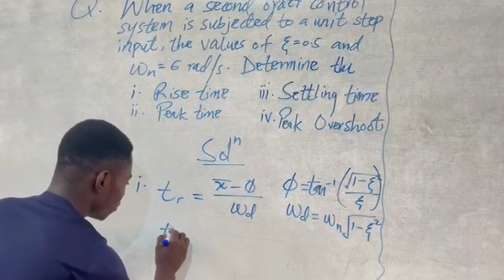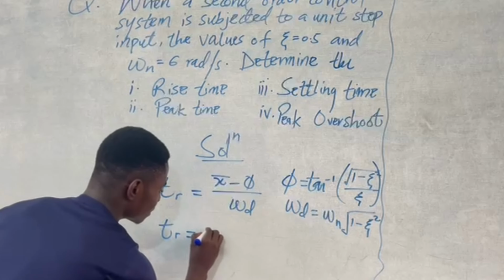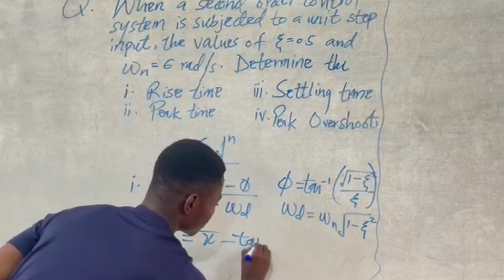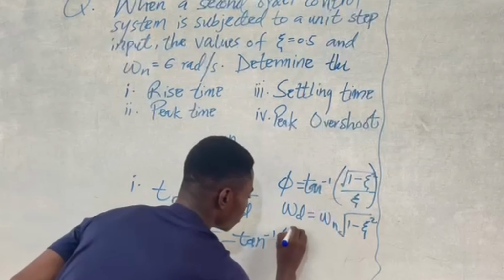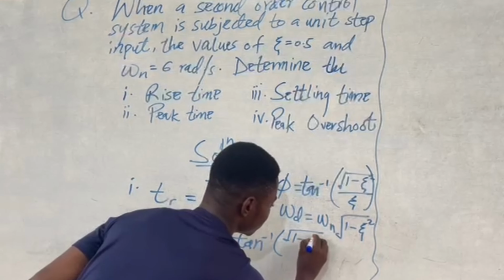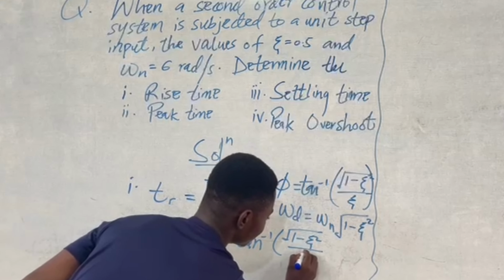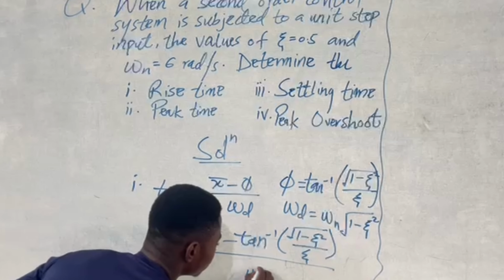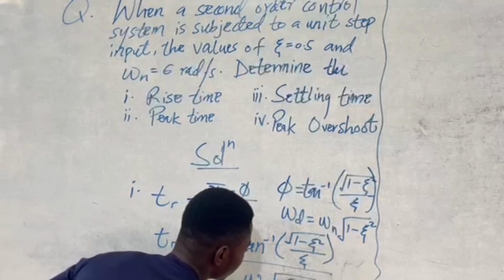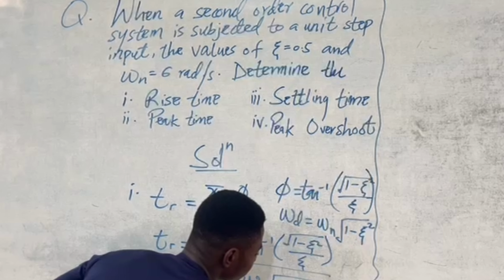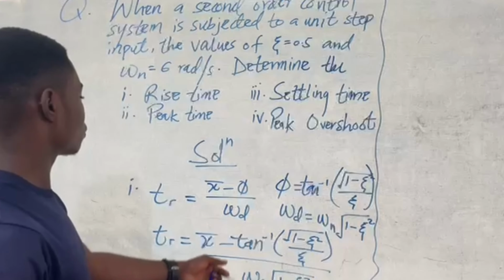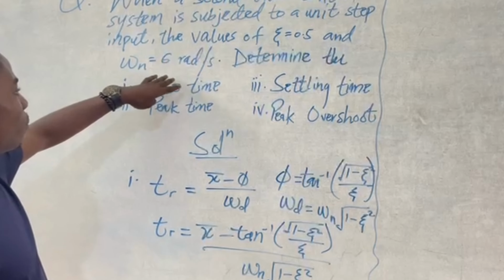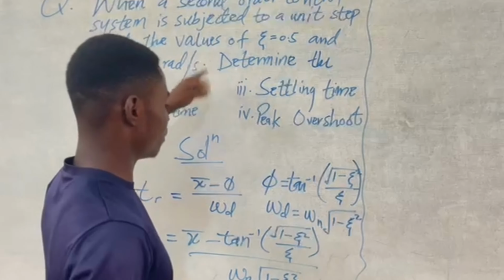So the rise time T_R is given as pi minus tan inverse of root of 1 minus zeta squared over zeta, all divided by omega n root of 1 minus zeta squared. We have been given zeta in the question to be 0.5, and omega n, which is the natural frequency, to be 6 rad per second.